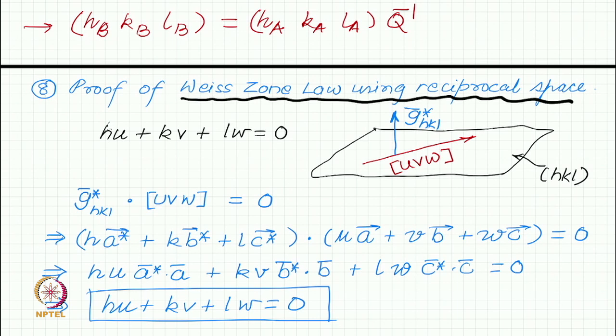So, this is one example. You can prove Weiss-Jones law, the quantities themselves are in real space. There is no need of reciprocal space here. HKL is a plane in real space, UVW is a direction in real space. So, the relationship is existing in real space, but a simple proof can be constructed by lifting yourself up in the reciprocal space and then coming back again to real space.